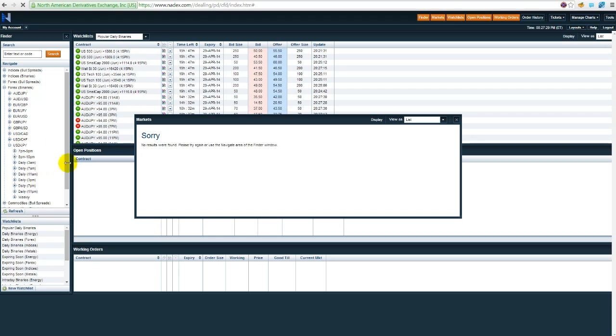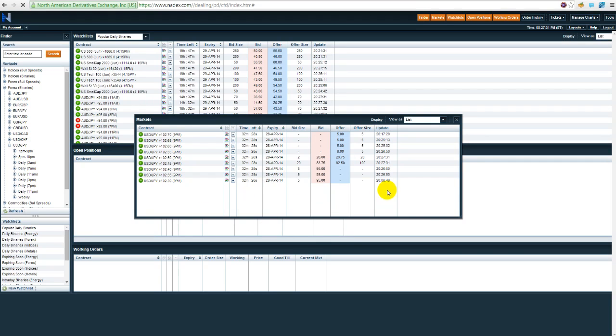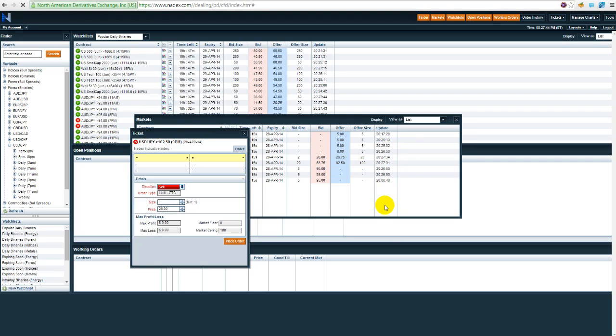Go to Forex, go to US yen, we'll go to 9 o'clocks. If I buy this, what to say? I'll sell this for $28. Take profit for whatever. Okay?